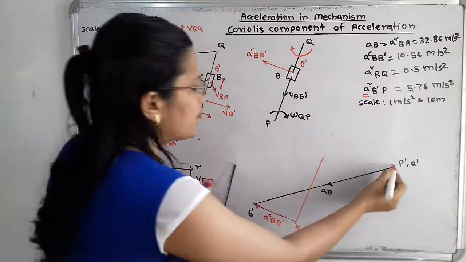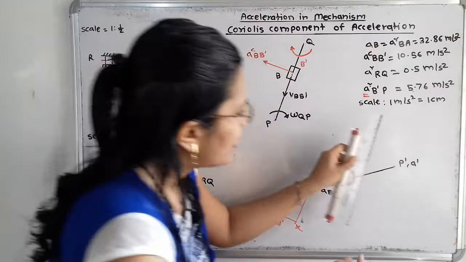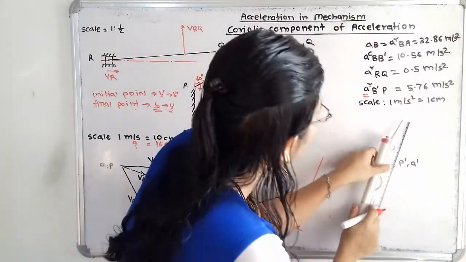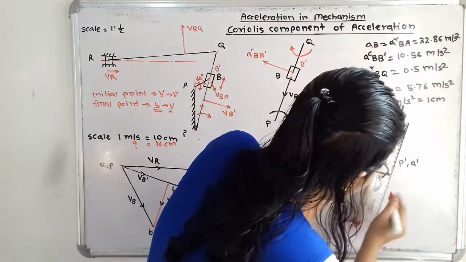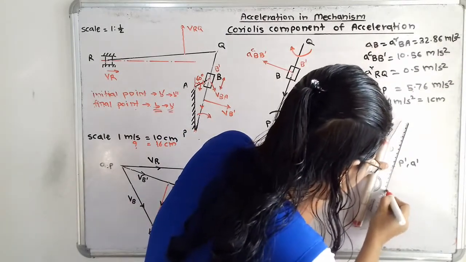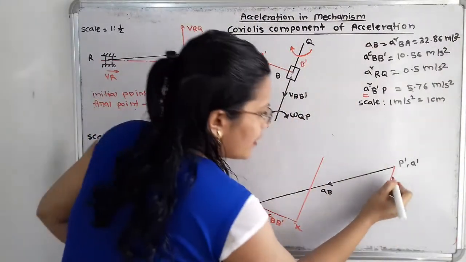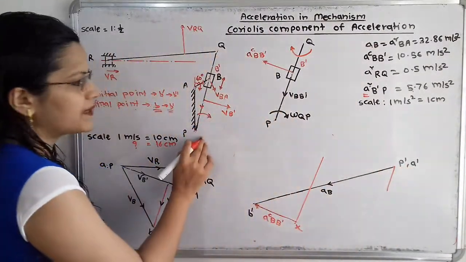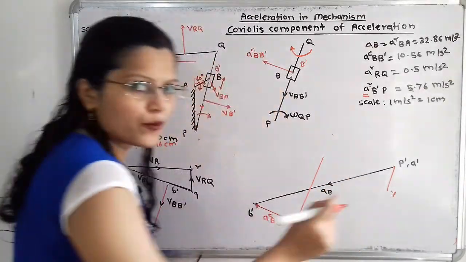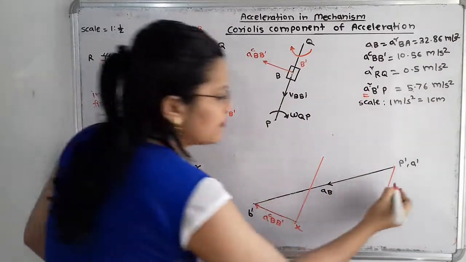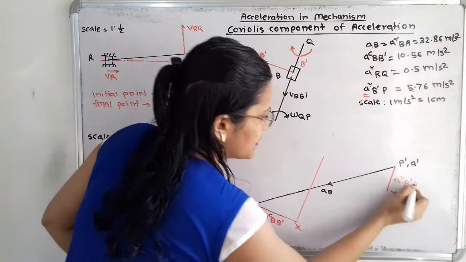So from this point P dash, I will draw one line parallel to this PQ, and the scale we have to take is 5.76, that is approximately 5.7 centimeter. So this is the vector, where the initial point is P dash, and what is the final point? I will say y, because this is a component, not the total acceleration. So I will say here a raised to r b dash p.